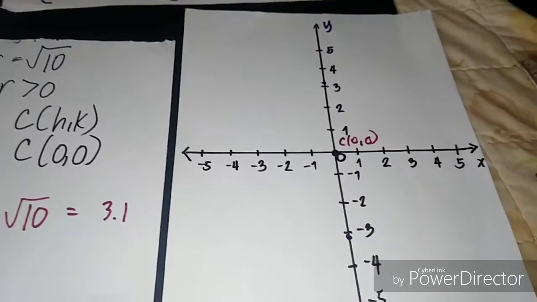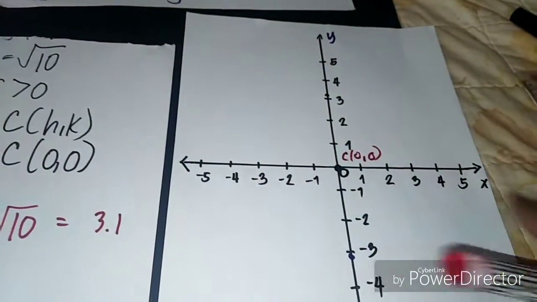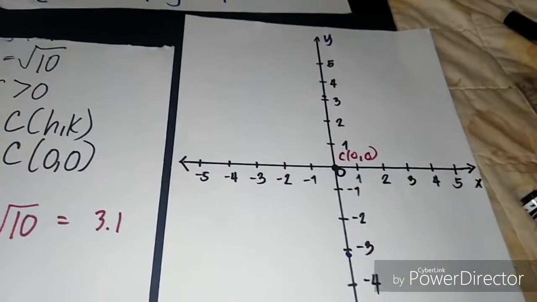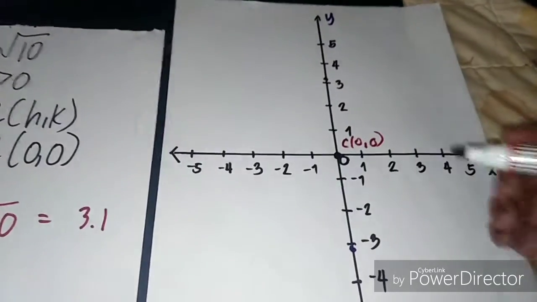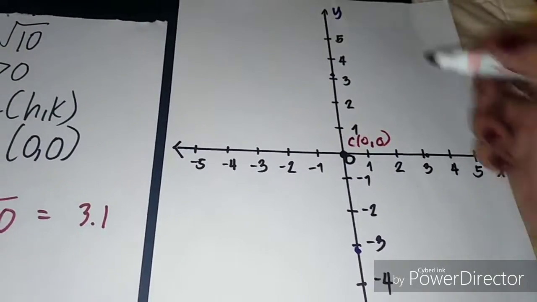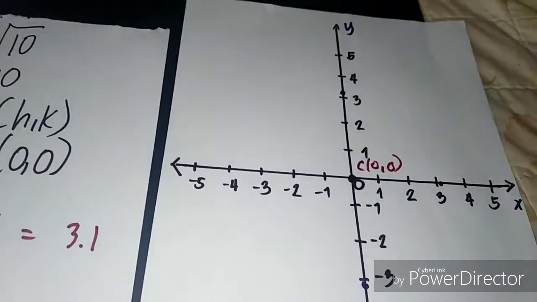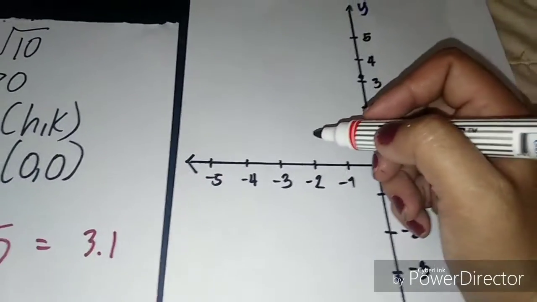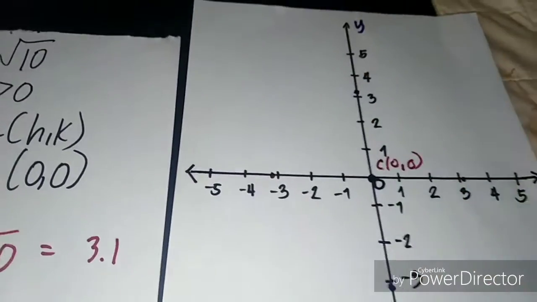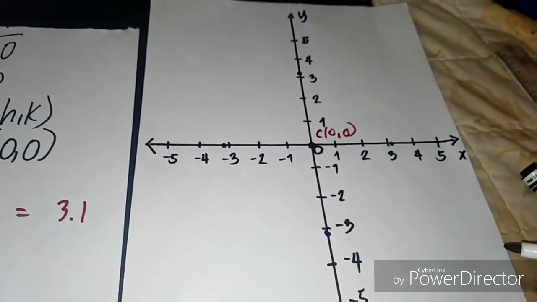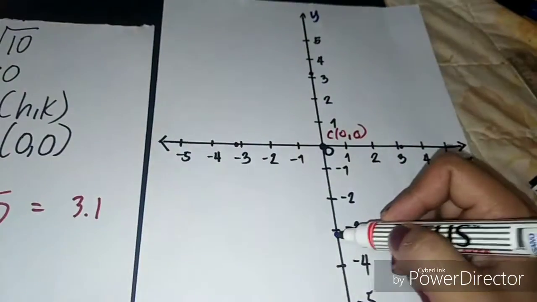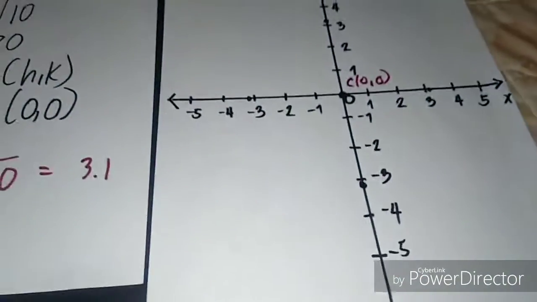So this is the distance from the center of the circle to the two axes of the Cartesian plane. So 3.1 on the positive x-axis, then the y-axis 3.1. For the negative x-axis 3.1, and for the negative y-axis 3.1.